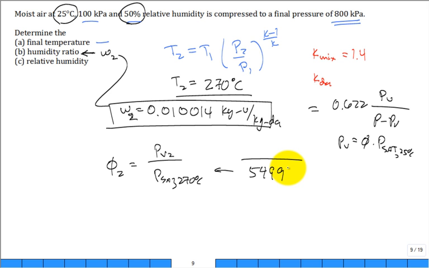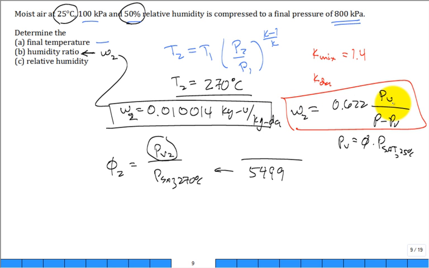And then how do you calculate the actual vapor pressure at state 2? Well, actually, you go back to this equation again, right here. You have the omega at 2 is equal to all this, and I want PV2, right? So you can do a little bit of algebra, and you get PV2 is equal to the total pressure of the mixture, P without a subscript, divided by 1 plus 0.622 divided by omega 2.